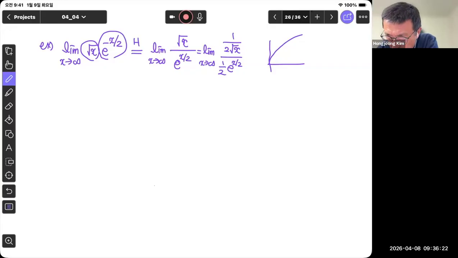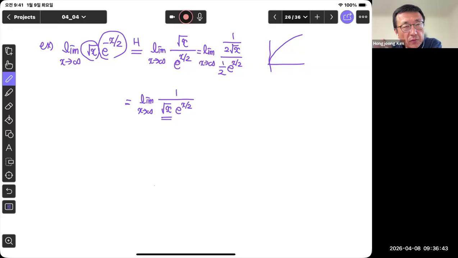So what do I get? After the cancellation of 2, we get the limit of 1 over square root of x times e to the x over 2 as x approaches infinity. And as I said, as x approaches infinity, square root of x diverges to infinity.